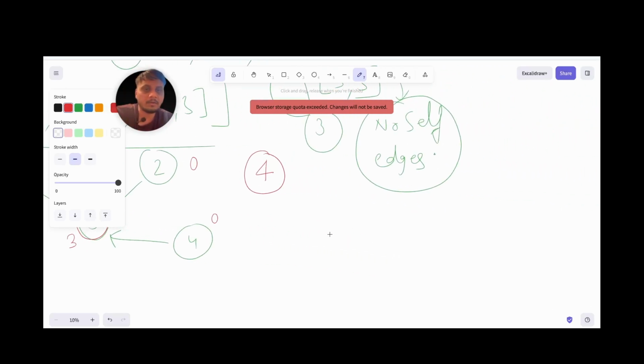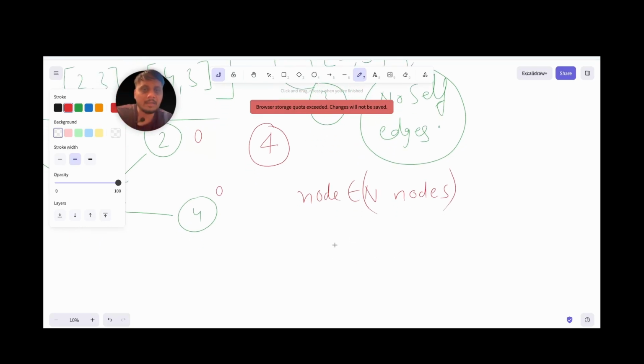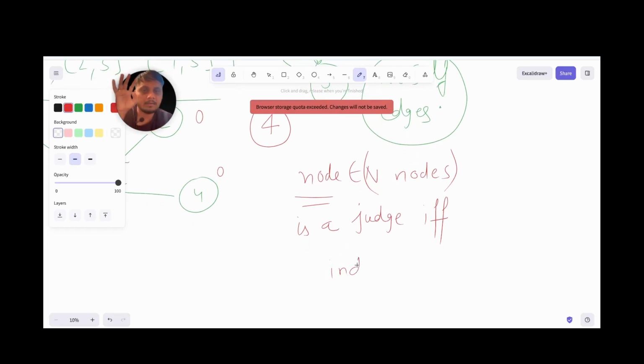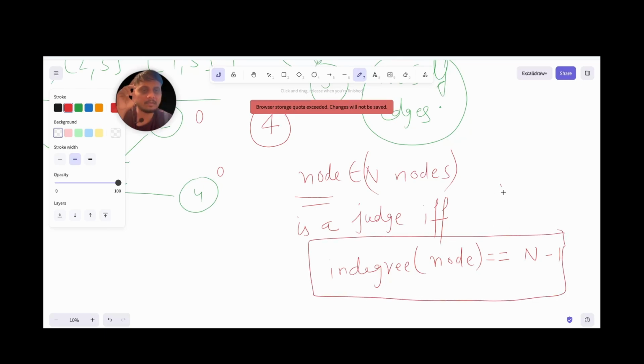So for any node in a graph of n nodes, है ना, I can say कि this is a judge if and only if the in degree for this node is n minus 1. This condition must be satisfied.